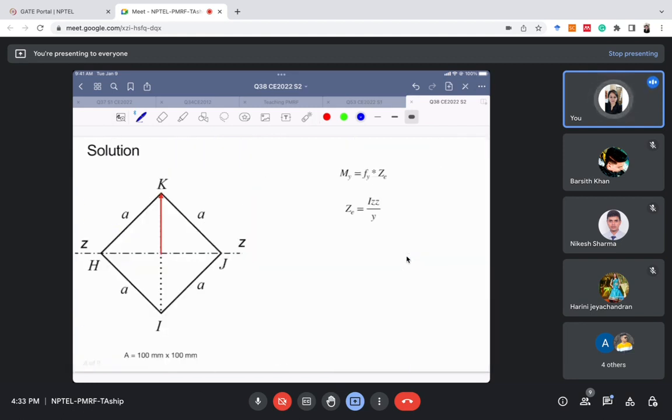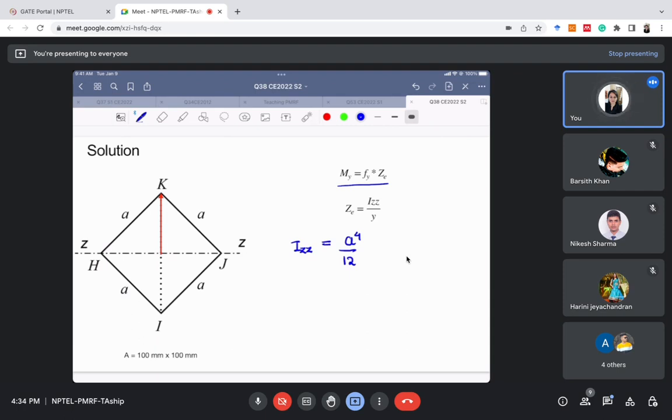So let's calculate the value of yield moment capacity as well. The formula is similar to plastic moment capacity. The formula here is Fy into Ze, where Ze is the elastic section modulus. As we calculated Zp as A by 2 (y1 bar plus y2 bar), Ze will be calculated as Izz divided by y, where Izz is moment of inertia about the zz axis. So Izz for a square cross section, the formula you should remember, is A^4 by 12.